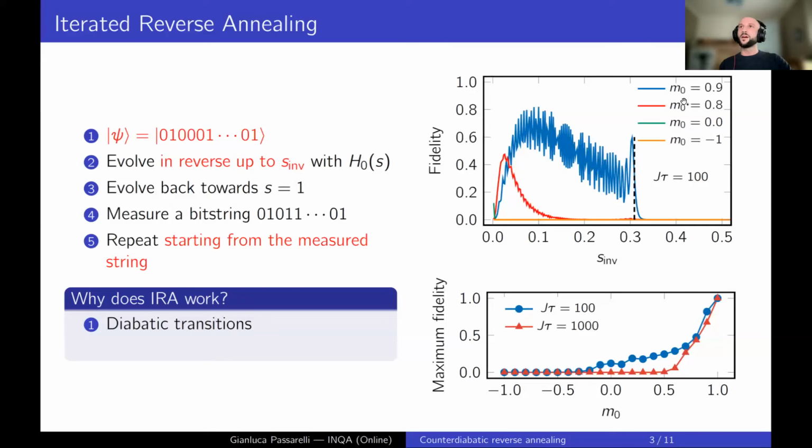And so depending on the magnetization of the initial state, that is, depending on how far in energy the initial state is compared to the target ferromagnetic solution, and depending on the value of the inversion time for a given annealing time, you can either improve the overlap with the target ground state or not. If your magnetization is too far away from the correct one, which is +1, basically, you see that there is no chance that diabatic transitions will lead you to the correct ground state.